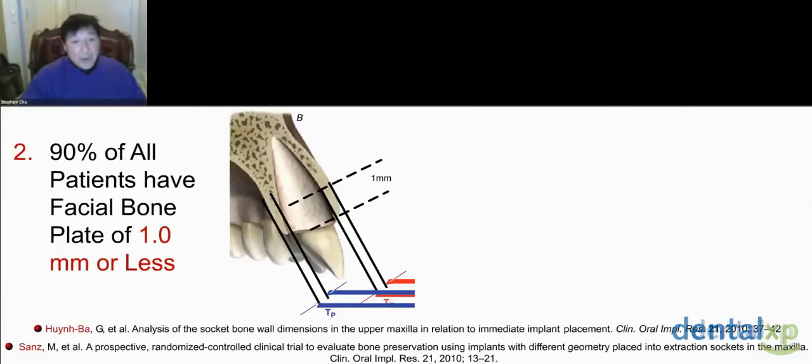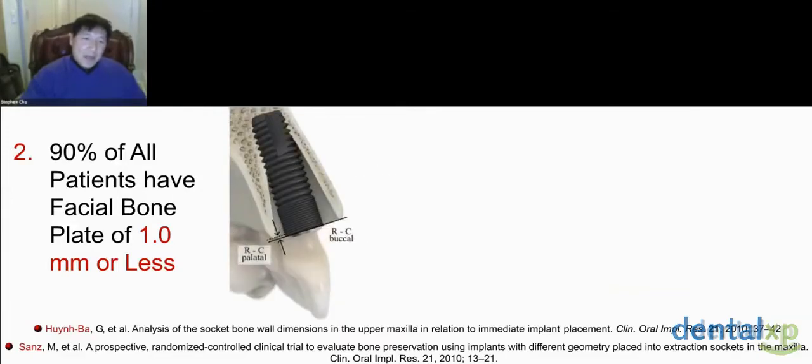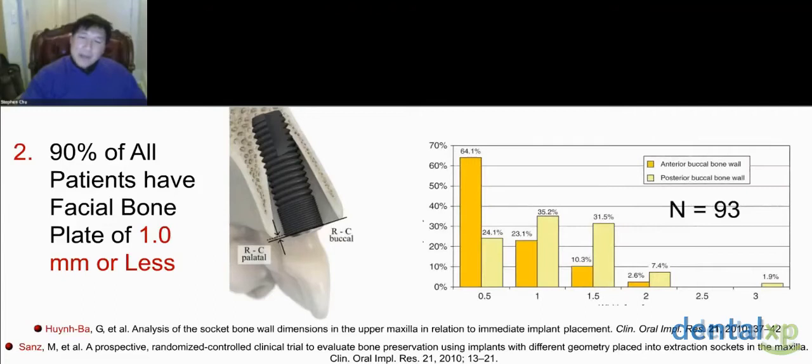Well, number two, as we're still on the topic of aesthetics, we know from a lot of the work done in Sweden with Jan Lindhe's group that when they extracted a tooth and replaced it with an implant, they had the opportunity to measure the buccal plate thickness in almost 100 patients.